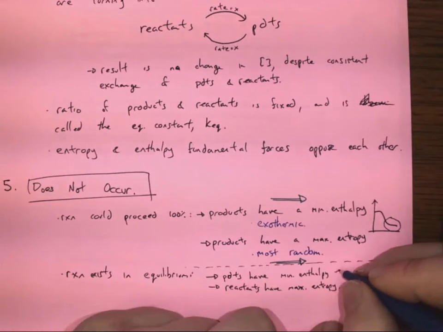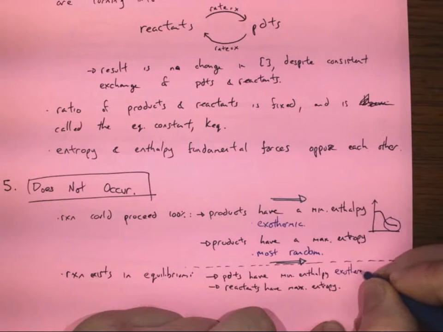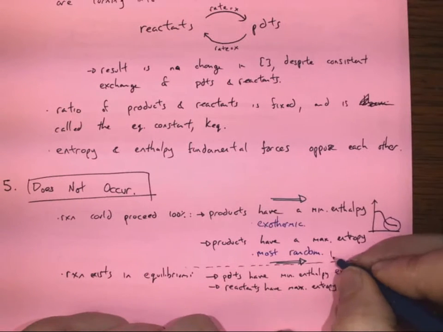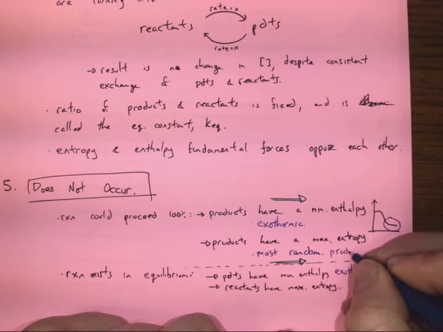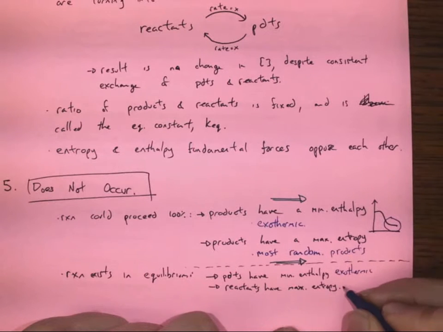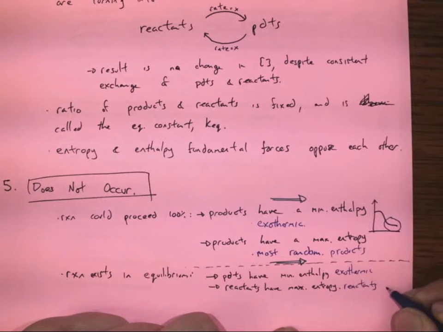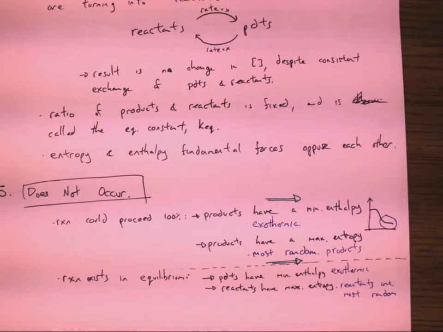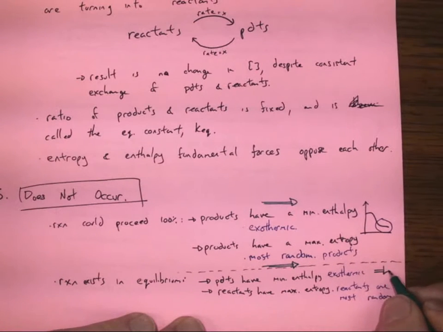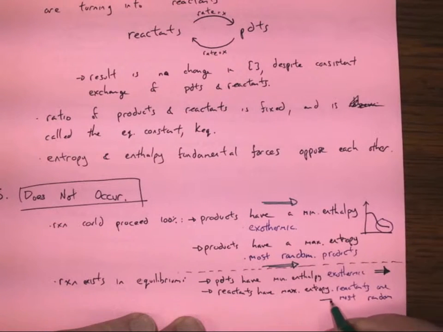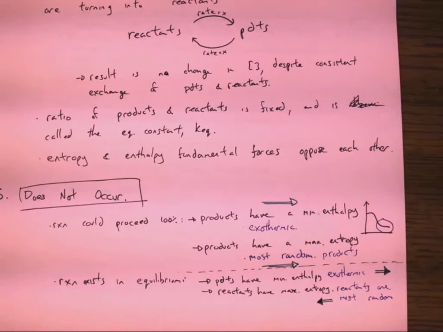So it's exothermic, but the reactants are the most random. So we have a fundamental force pushing to the right, to the product side, but then we have an equally fundamental force pushing left to the reactant side, and these are in conflict with each other.